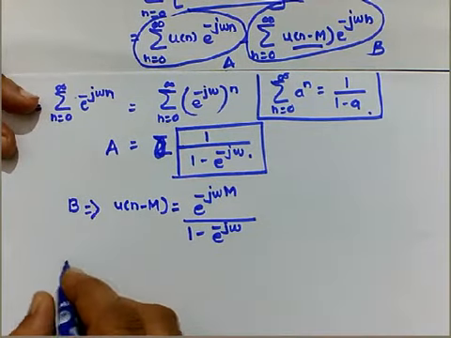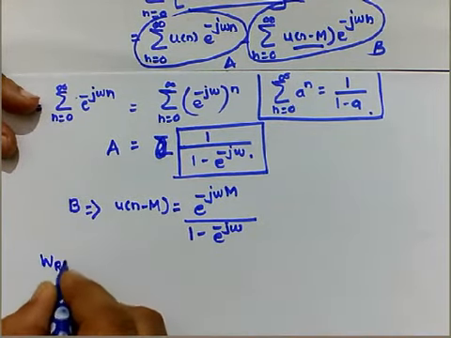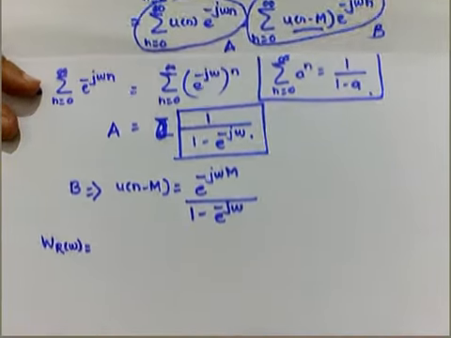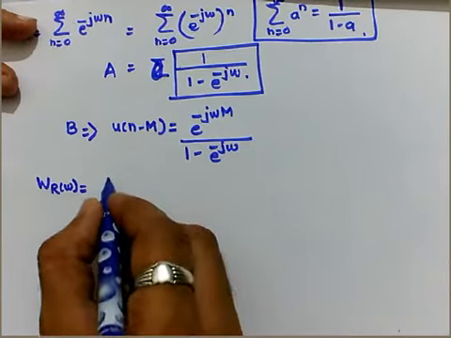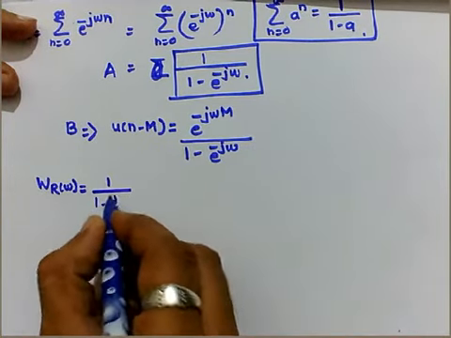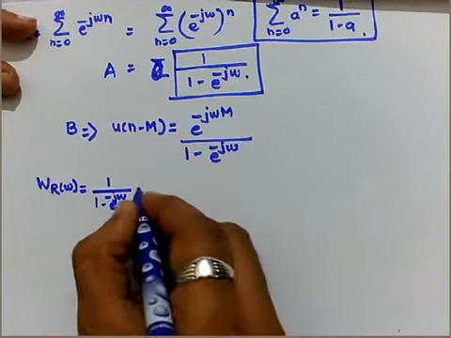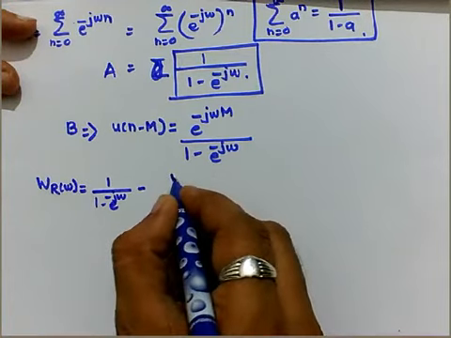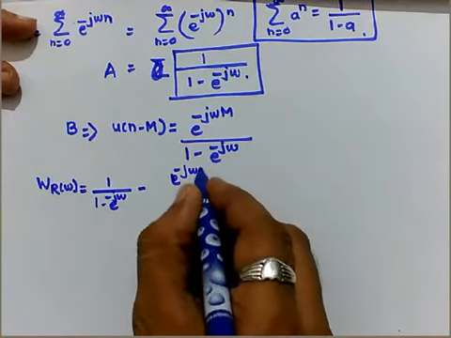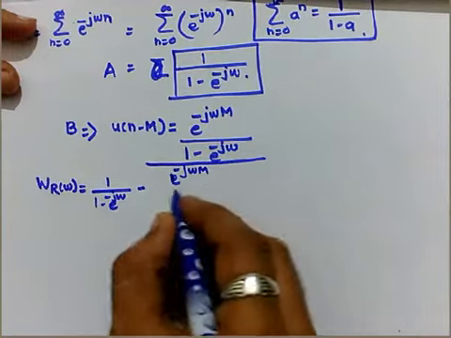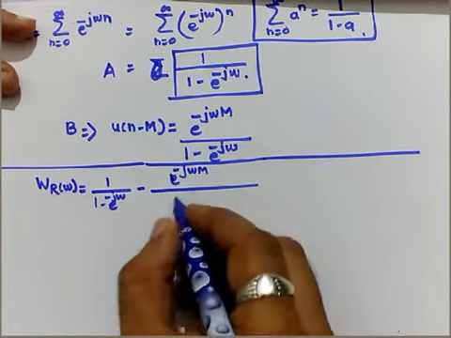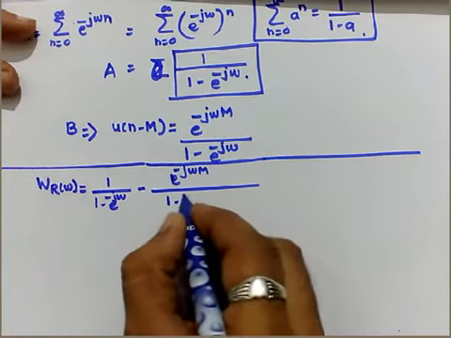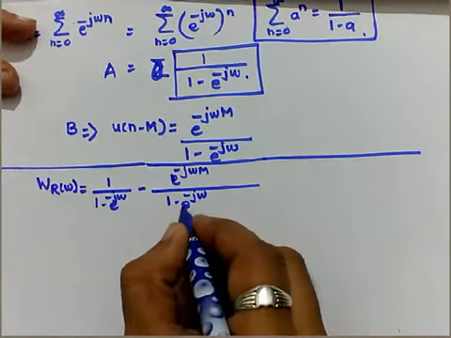So the equation for W R of omega will be, after replacing the value of A, that is 1 upon 1 minus e raised to minus j omega, minus e raised to minus j omega m by 1 minus e raised to minus j omega.